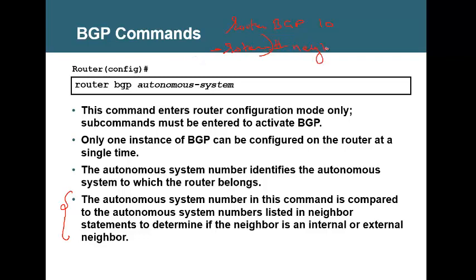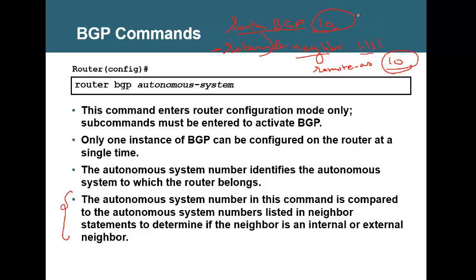Neighbor, let's say 1.1.1.1. I don't have a space, so I'm writing in the next line. Remote AS. This is the command I used the other day. When I say remote AS 10, this autonomous system in this router BGP command is compared with the autonomous system number in the neighbor statement.